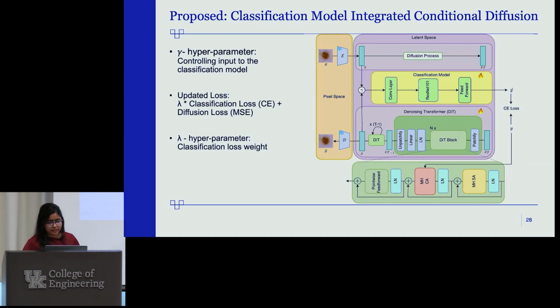The idea is that if the classification model fails to classify a generated image, then the classification loss will be added to the diffusion loss, and that way the model will learn more class-specific generation. The lambda here is the hyperparameter for the classification loss weight. The classification loss is weighted with lambda and then added to the diffusion loss.